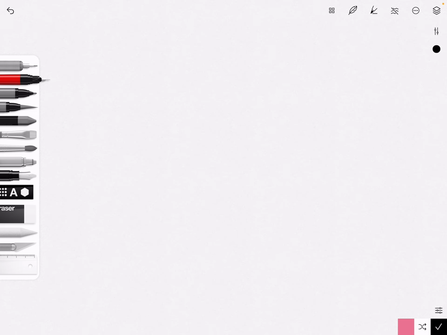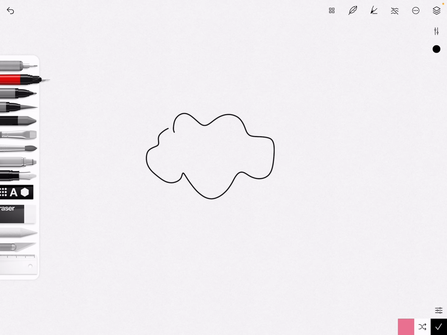Now looking at atmospheric CO2, so let's draw a cloud representing the atmosphere. Over the last 60 years, the amount of atmospheric CO2 has risen up to 30%. And as we know, carbon dioxide is a greenhouse gas.